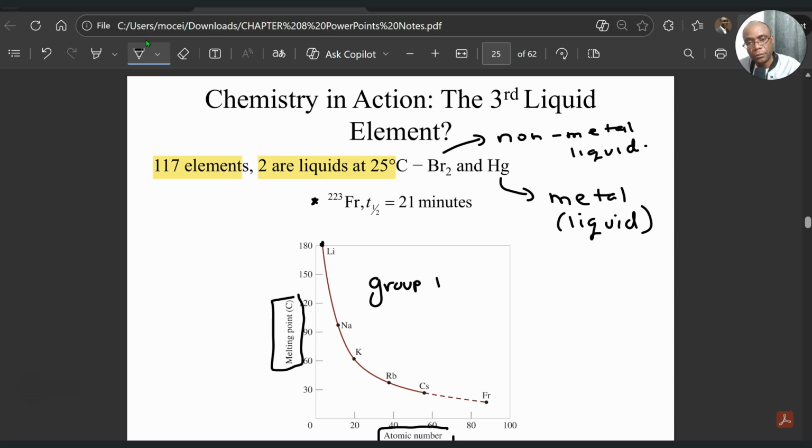And this probably is due to the size increase. Increase in size probably is decreasing the melting point. So as the atomic number increases, the melting point will also decrease, but in a curve way.